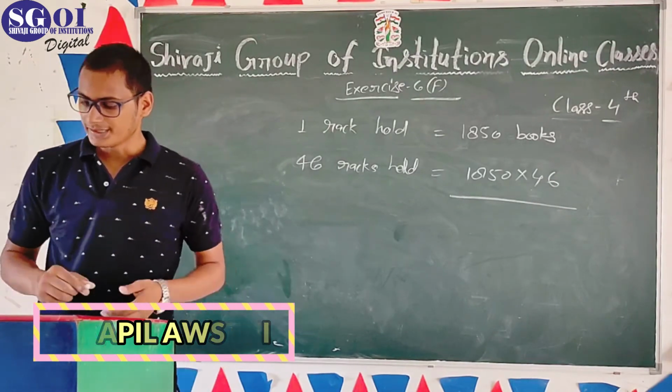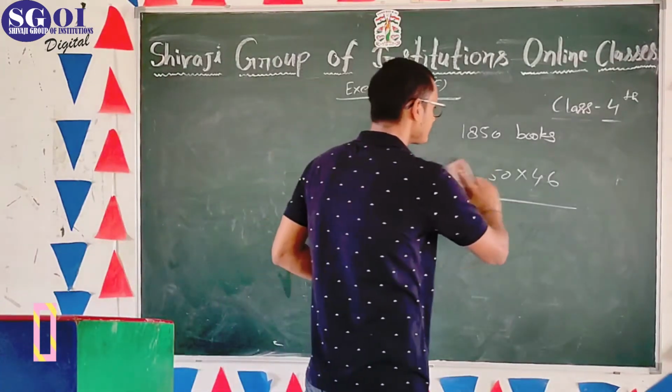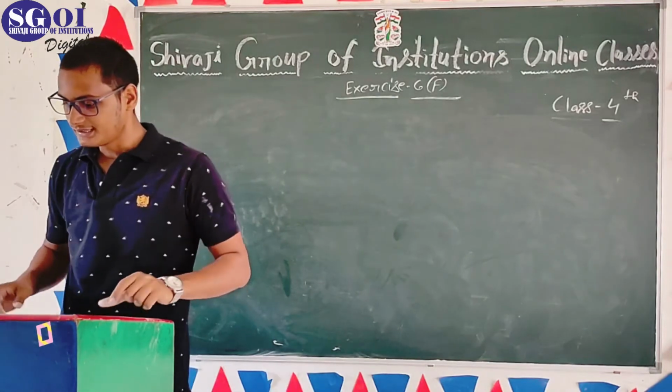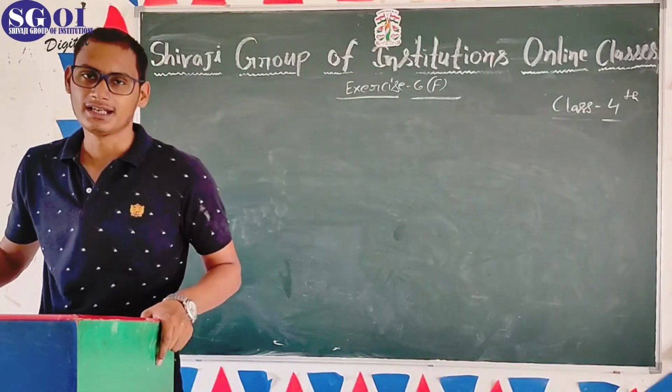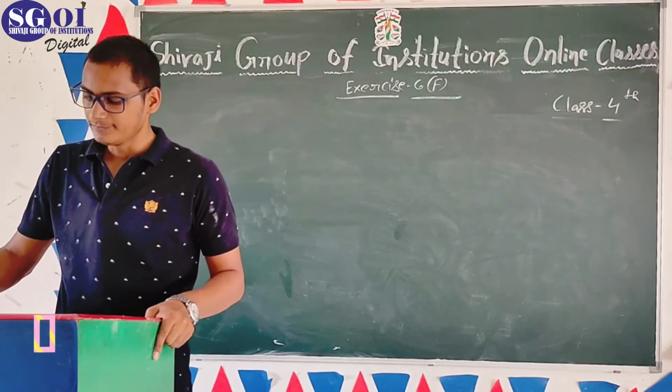Next, a computer operator can compose 8,314 words in a day. How many words will he compose in 4 months?